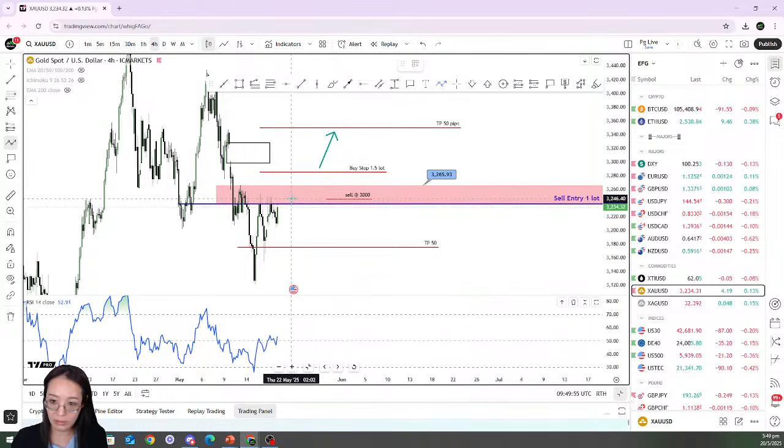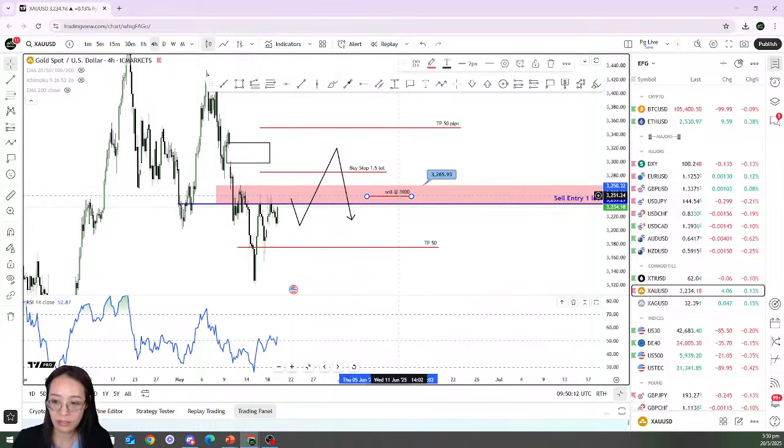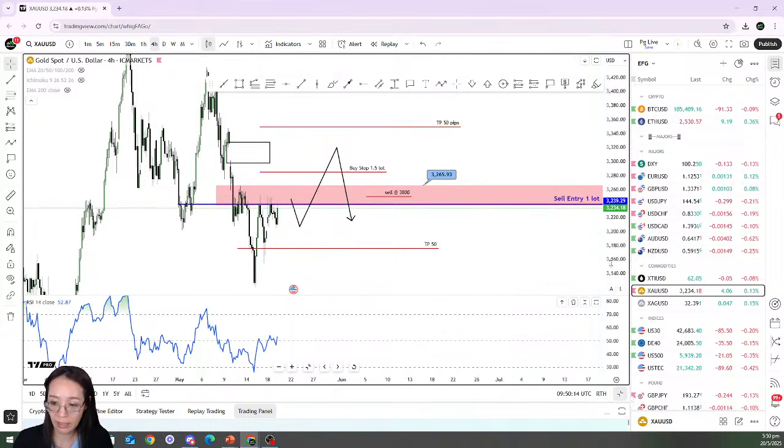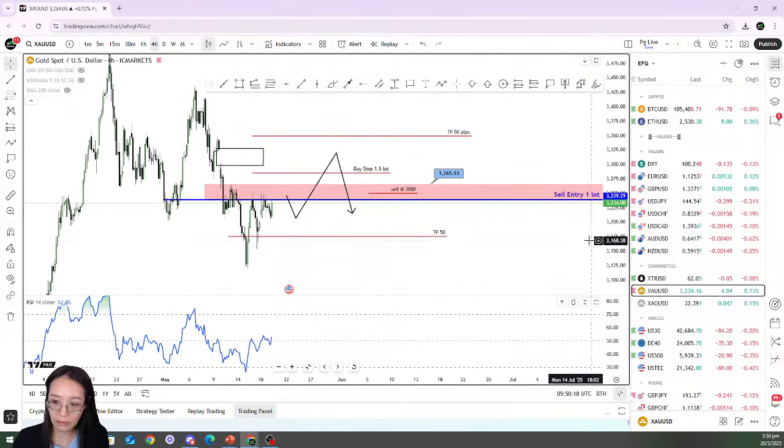I sell here, the price falls, and then triggers my buy stop and rises, and then falls back here again. What are you going to do? You might get confused already. That's why I say hedging to me is quite a headache. It gives me a headache. So basically I just put a stop loss, that's it.